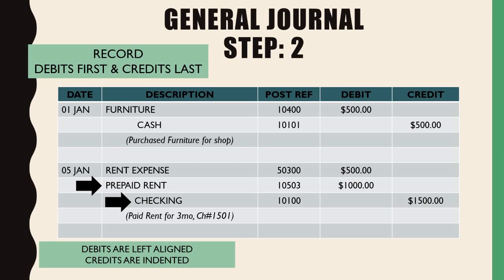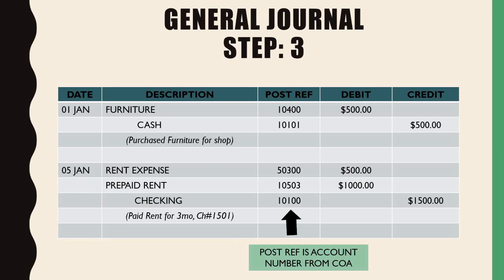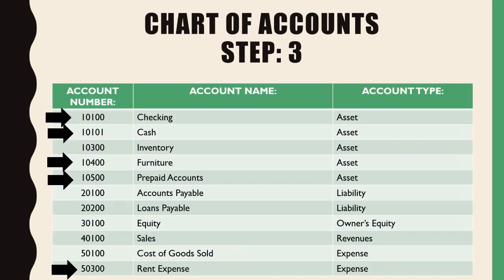Okay? Then the next step is going to be looking at the post reference. Where does this post reference number come from? It comes from your chart of accounts. Okay? Now, that's if you use a designated account number. Your account number could be a 5-digit number. It could be A301, right, for assets, and your liabilities could be your L300s. Any kind of code that you want to use to determine your chart of accounts is up to you.